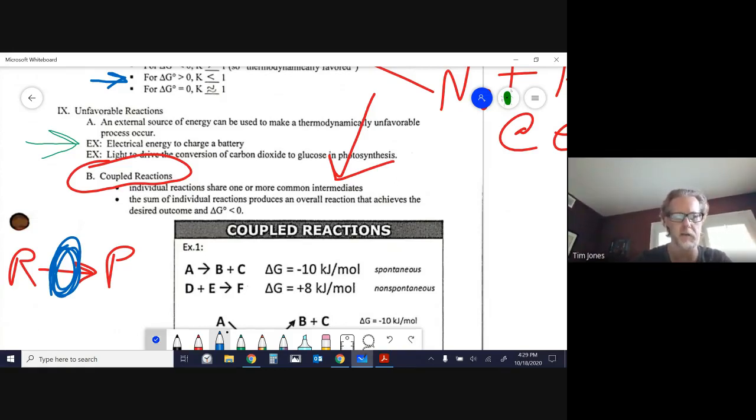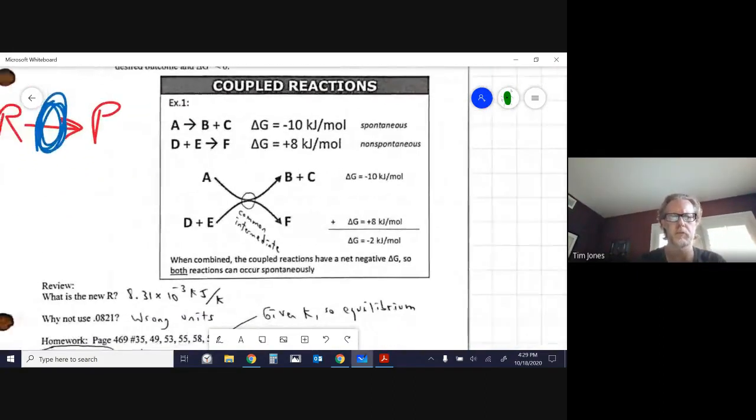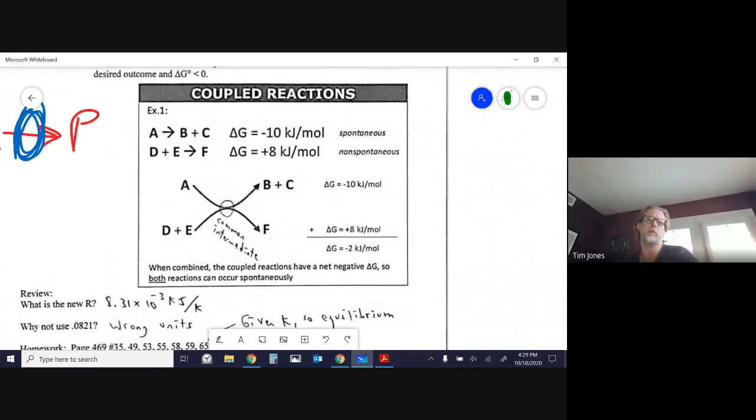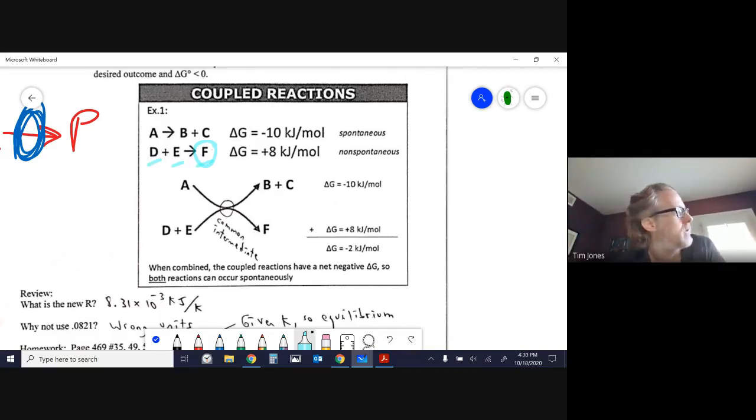So if you look at this diagram, it is attempting to explain this scenario. Let's say we want to make chemical F right here. And our reaction involves turning chemical D and E into chemical F, and it's got a positive delta G. Well, this reaction's not a good reaction.